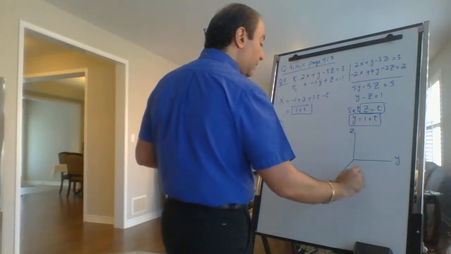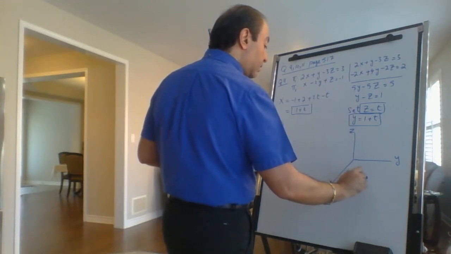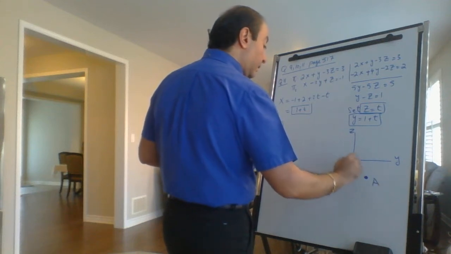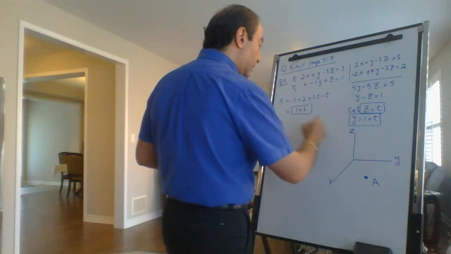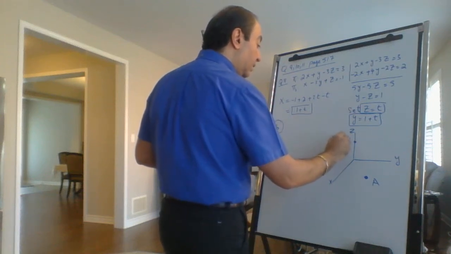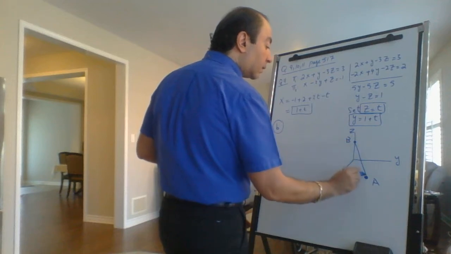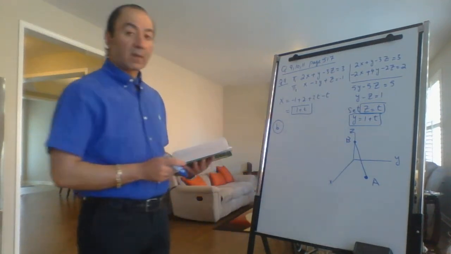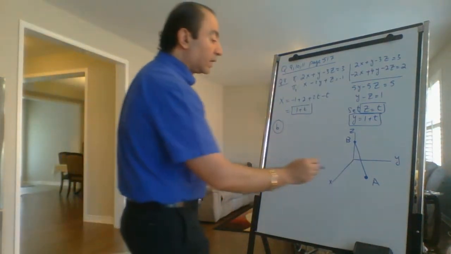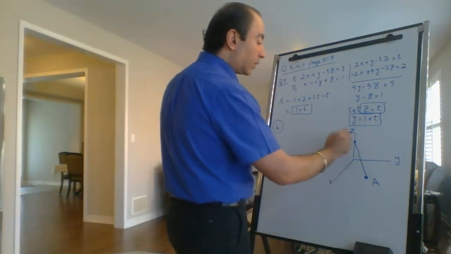This line will meet the xy plane at point A, and it will cut the z-axis at point B. We need to find the length of this line. In order to find the length, I need to find this point and this point.